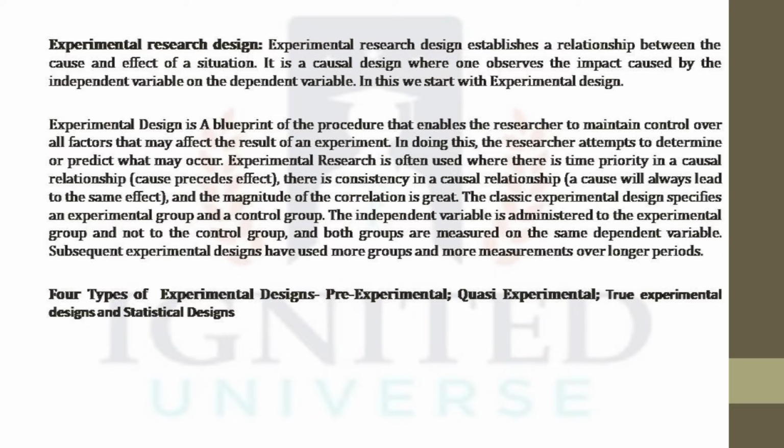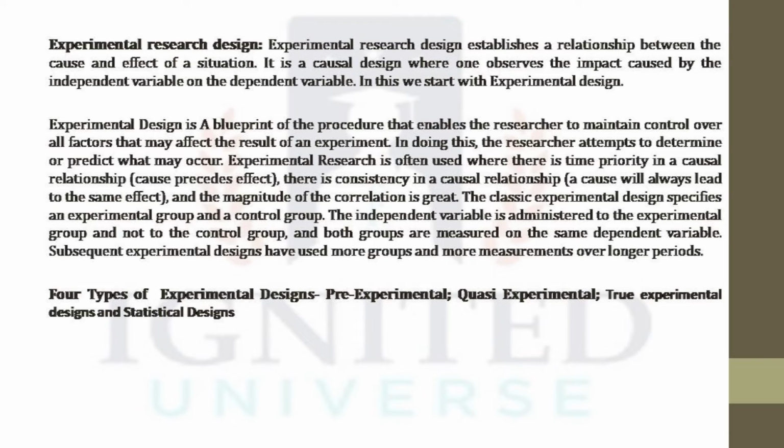Subsequent experimental designs have been used for more groups and more measurements over longer periods. In these, we can have cases like, suppose we want to understand the effect of fertilizers on different lands. Then such types of causal relationships can be dealt with by the design of experiments.